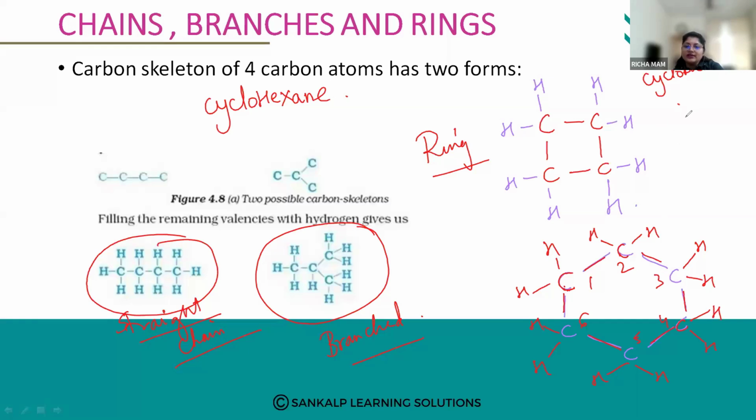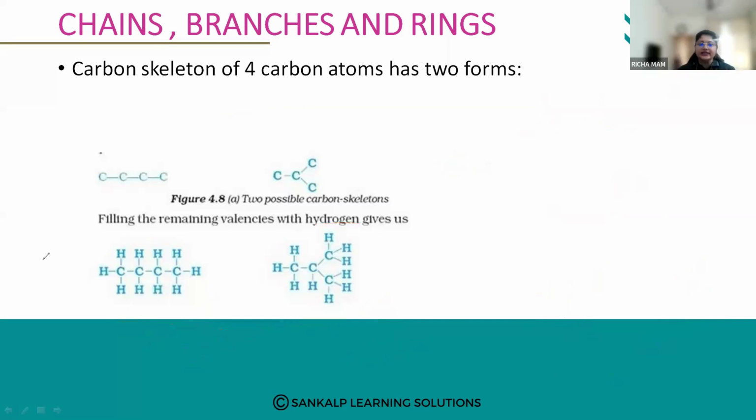What is the formula here? Cyclobutane is C4H8 and cyclohexane is C6H12. I hope this is clear. So carbon can get linked in the form of chains, branches, and rings. We have seen this now.